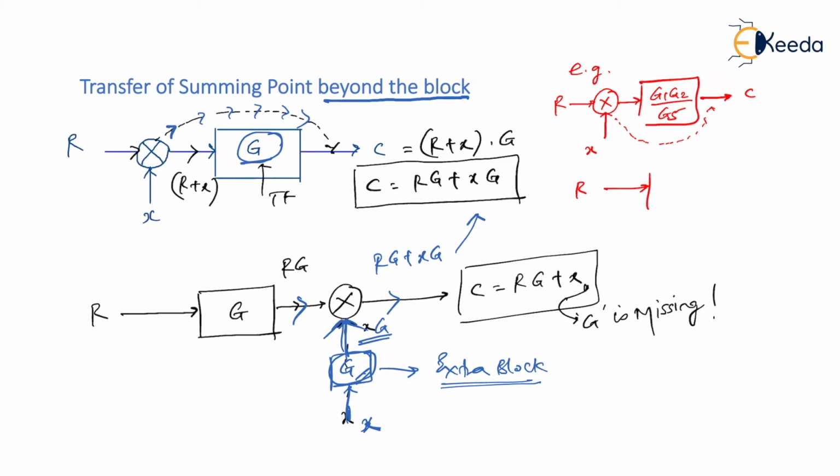R is the input, G1 G2 upon G5, then you have the summing point, then you have C. Now at the input of the summing point, an extra block will be added, having a transfer function the same as the block beyond which you are trying to shift. So I'm going to copy the block transfer function here, G1 G2 upon G5. And what was the input of this? So this way it works. This is nothing but how you transfer the summing point beyond the block, right?